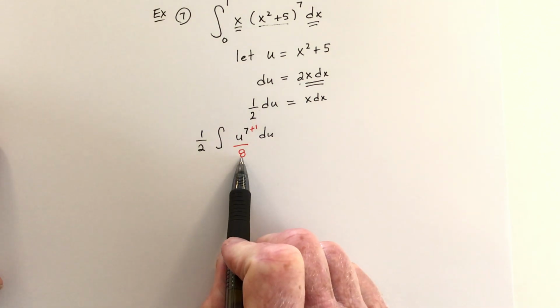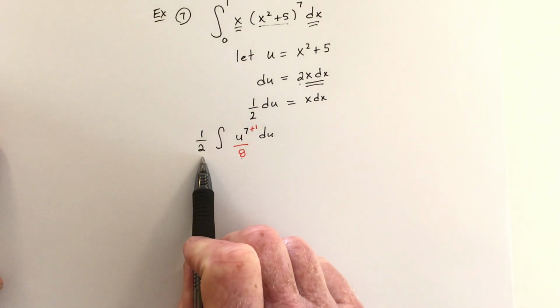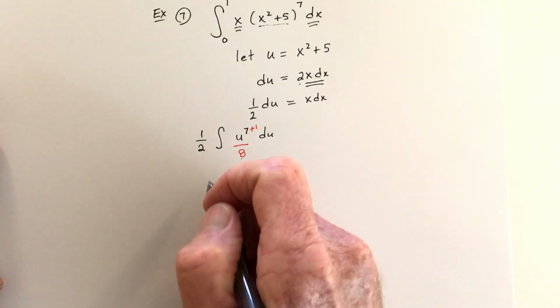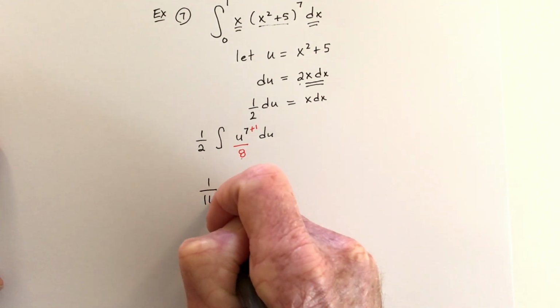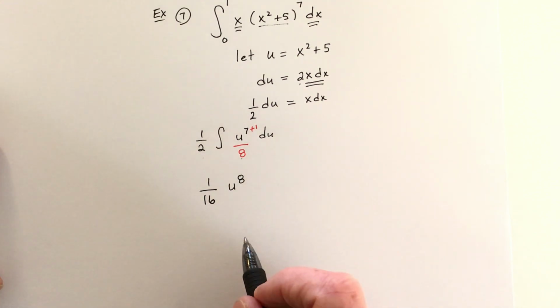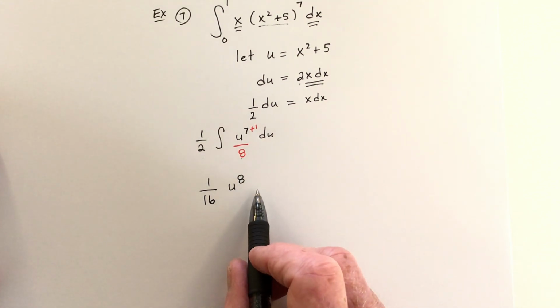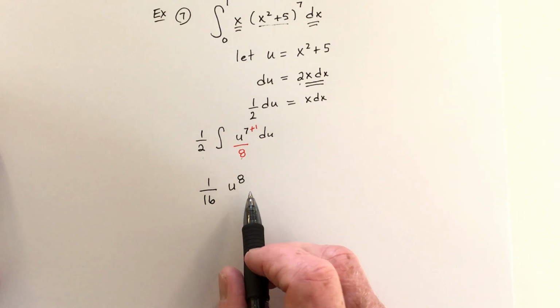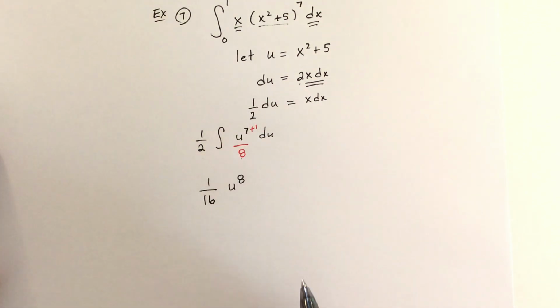So this I could also factor out and just move it over here so that on the bottom it's now going to have a 16. So it's 1 over 16, and then u to the 8. And like I said, usually with antiderivatives we do put a plus c, except we're going to have numbers to plug in, so there is no plus c.